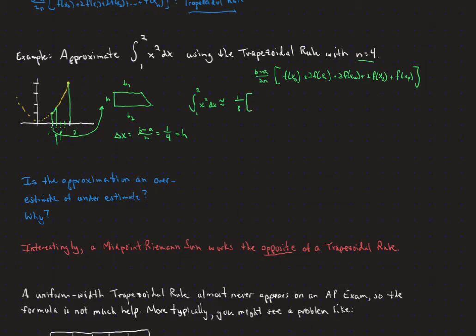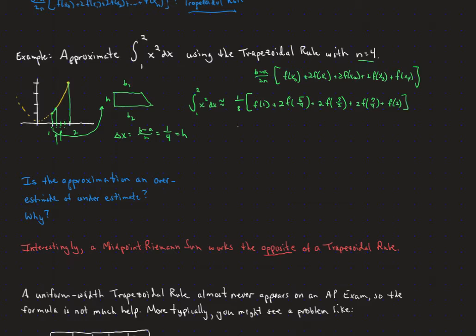And we will have f of 1, I'm going to write it down in function notation, plus 2 times f of 1 and 1/4, plus 2 times f of, add another fourth to that, 6/4 or 3/2, plus 2 times f of another 1/4 plus the 6/4 makes 7/4, and then 1 of the right endpoint.